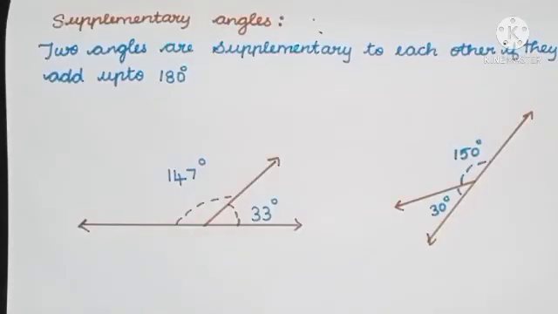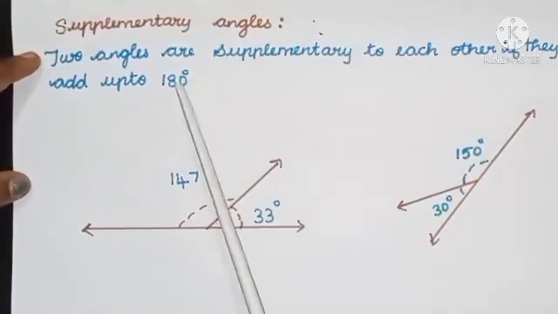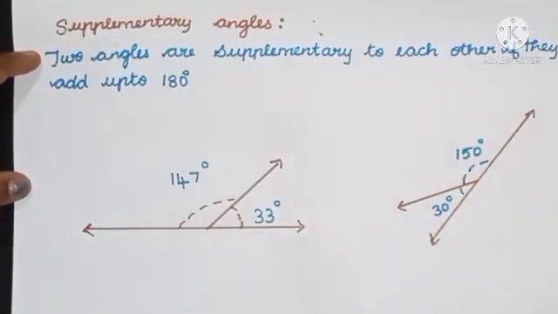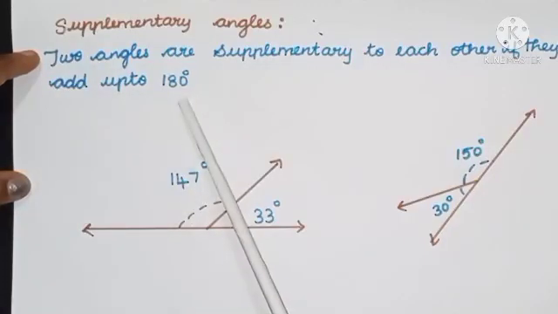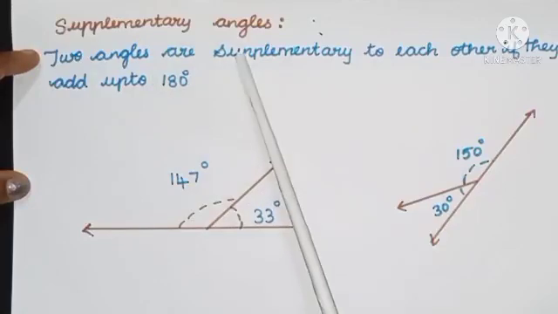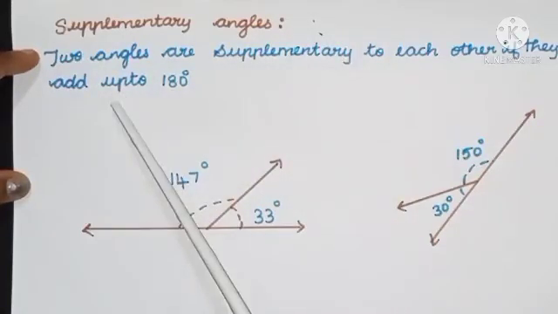If it is not equal to 90 degree, then it is said to be non-complementary angles. Now let's see what is meant by supplementary angles. Supplementary angles are similar to complementary angles, but if they add up to 180 degree, then they are called supplementary angles. Two angles are supplementary to each other if they add up to 180 degree.